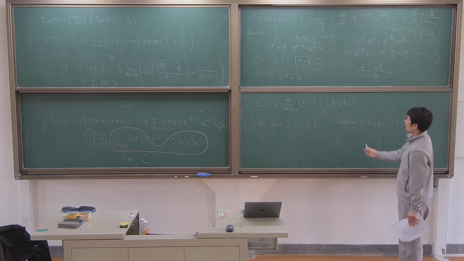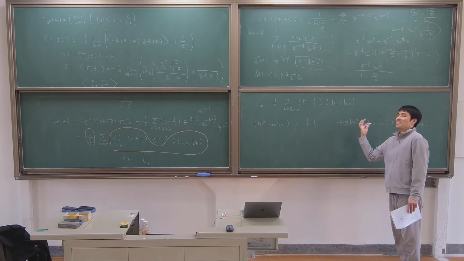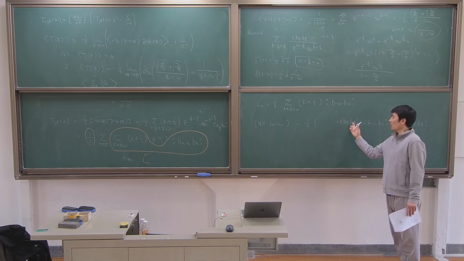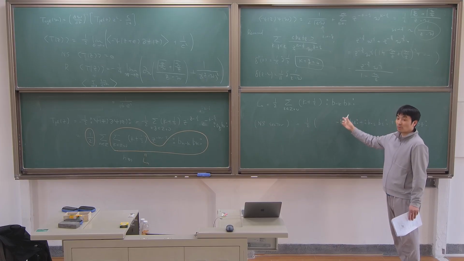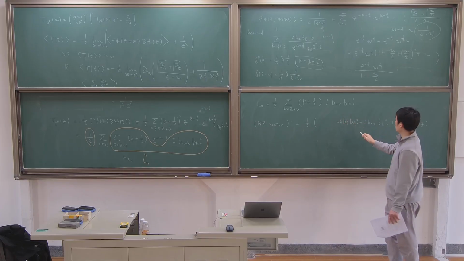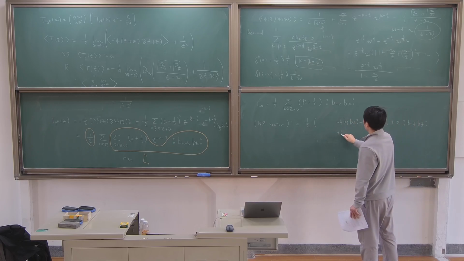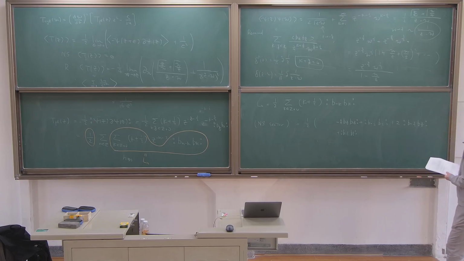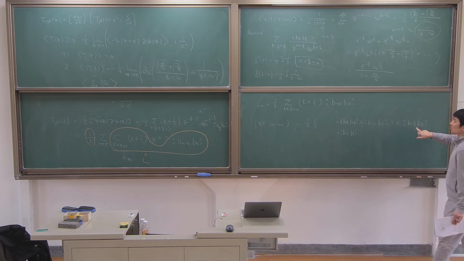And here, for the normal ordering, the creation operator should go to the left and the annihilation operator to the right. If you move that one, this becomes plus b minus 3/2 b 3/2. Then this is equivalent to this one, but you get a 3.